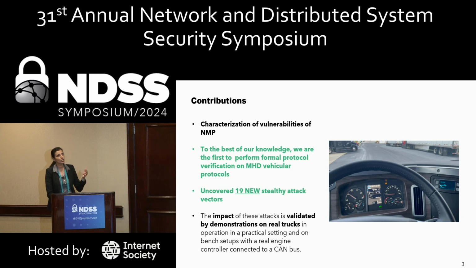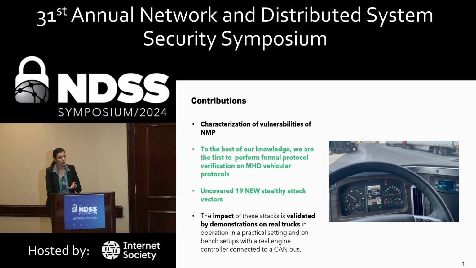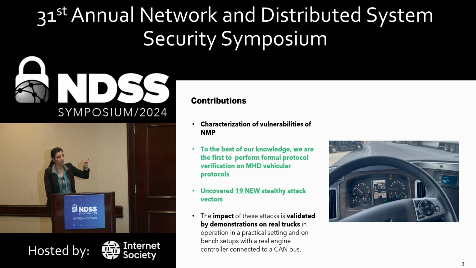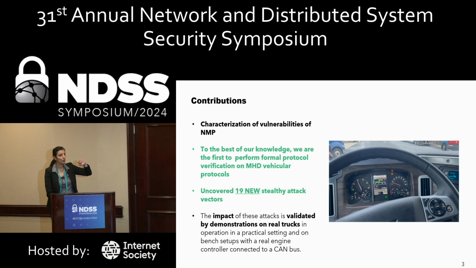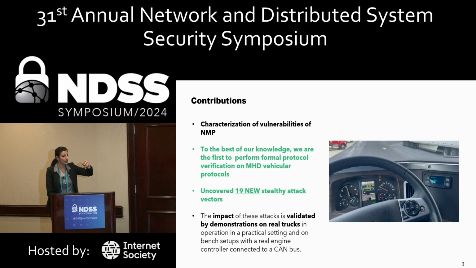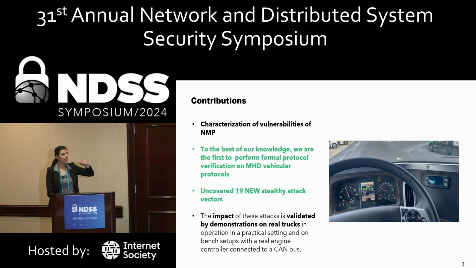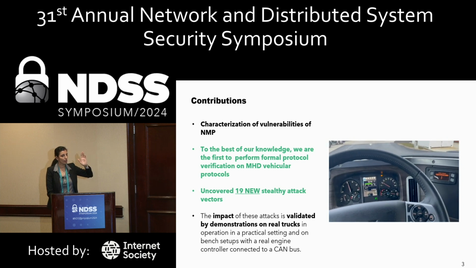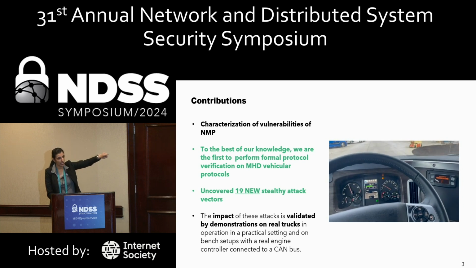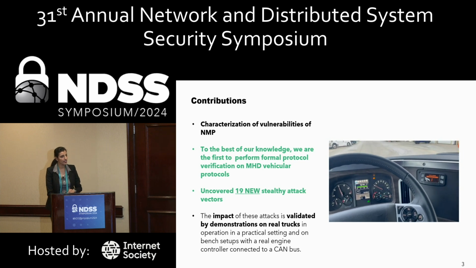We also validated the impact on real trucks and on bench setups. You can see in this demonstration, we are using our poisoning attack to disable the radar on a moving truck, resulting in disabling of blind spot detection or lane keeping features of the vehicle. You can see the alert came that the radar is disabled.